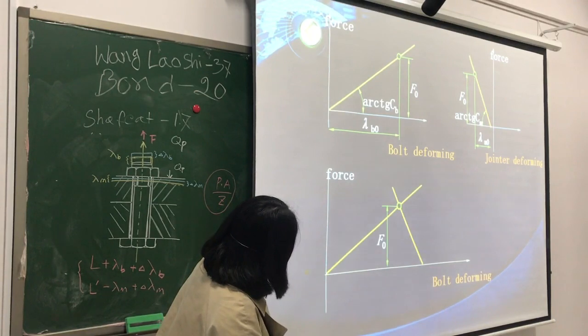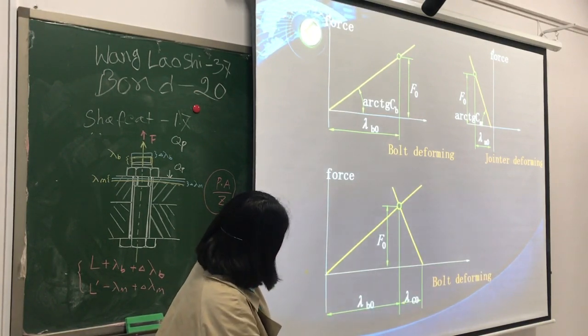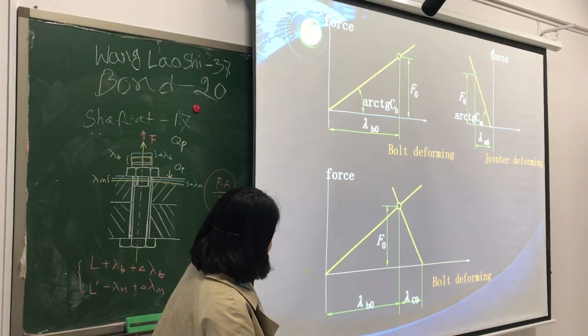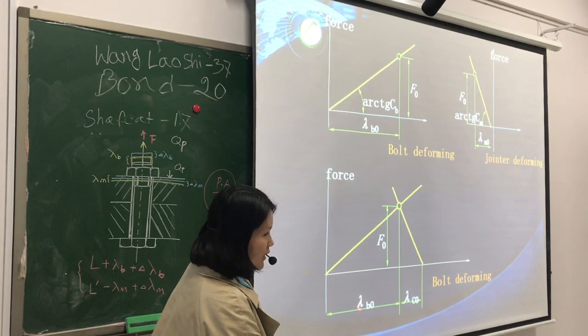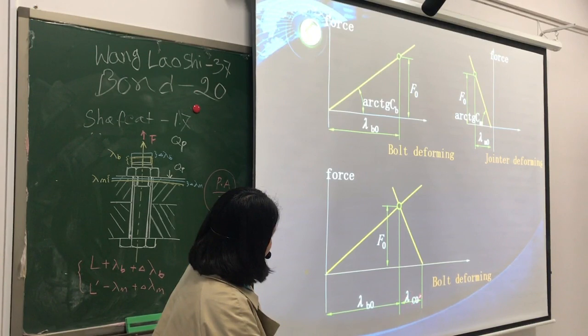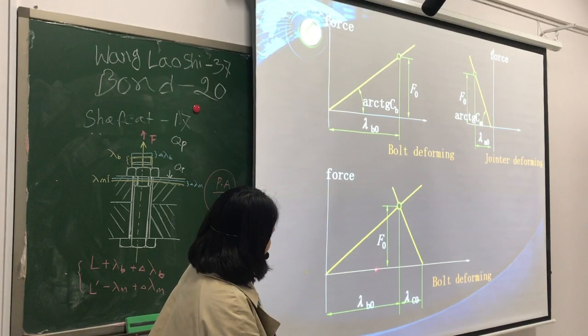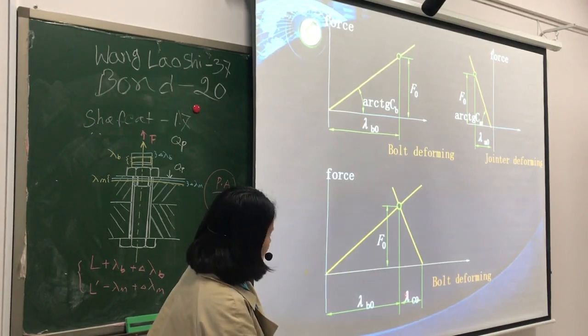This is the preload, and this line is for the bolt. This line is for the members. This is the elongation of bolt under preload. This is the compression of members under preload, because the preload causes tensile stress on the bolt and compressive stress on the members.